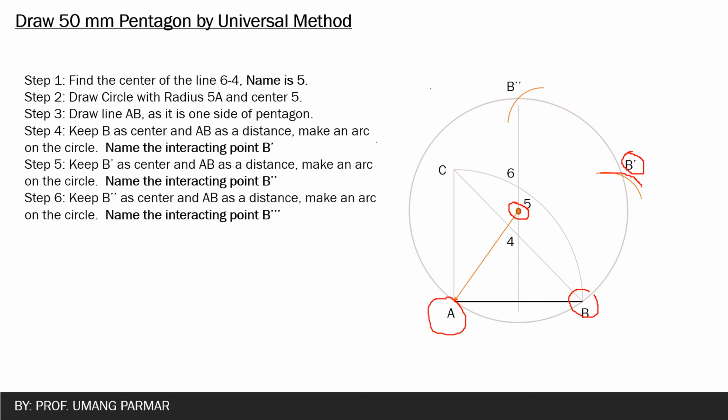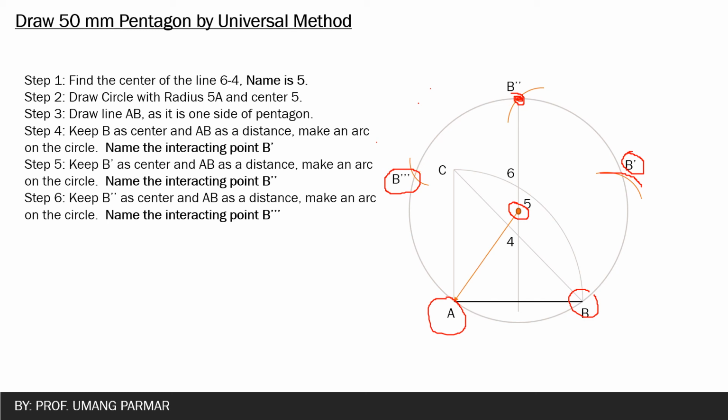The same procedure we need to follow. Now B double dash is going to be my center. This is the arc of the same distance AB and we have the point B triple dash.